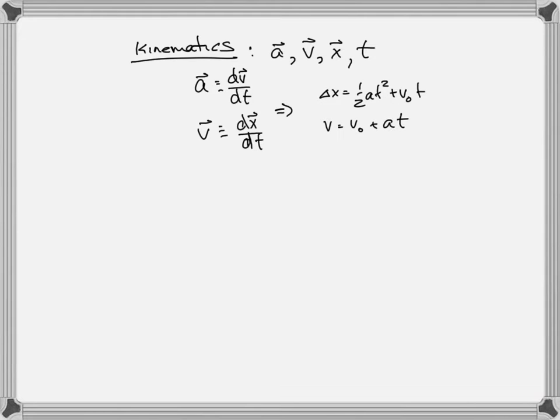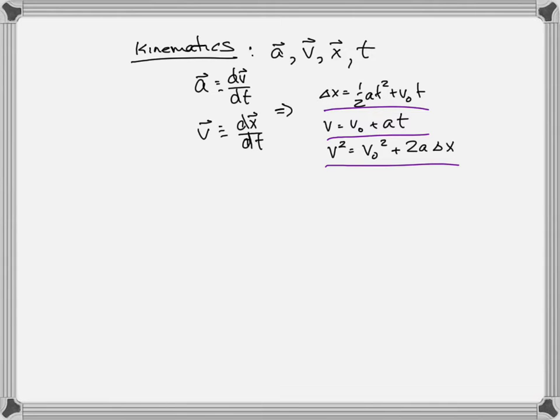Then if you combine those two equations to cancel out time, you get v squared equals v0 squared plus 2a delta x. So there are only two unique equations here. There are three equations that I tend to use in kinematics, relating the kinematic variables.